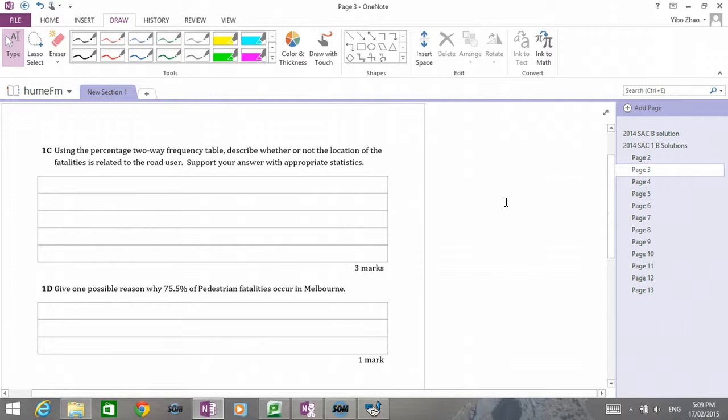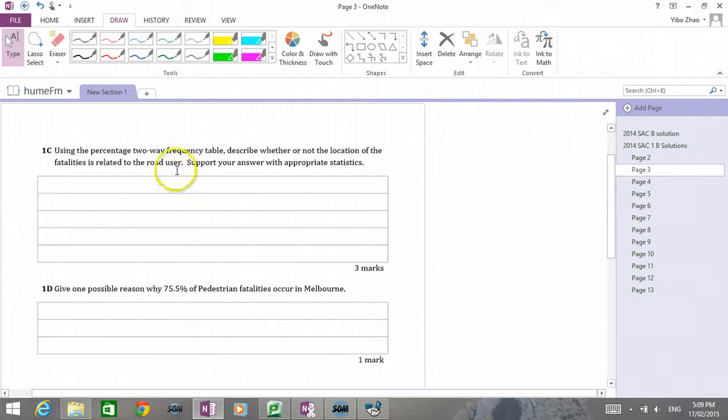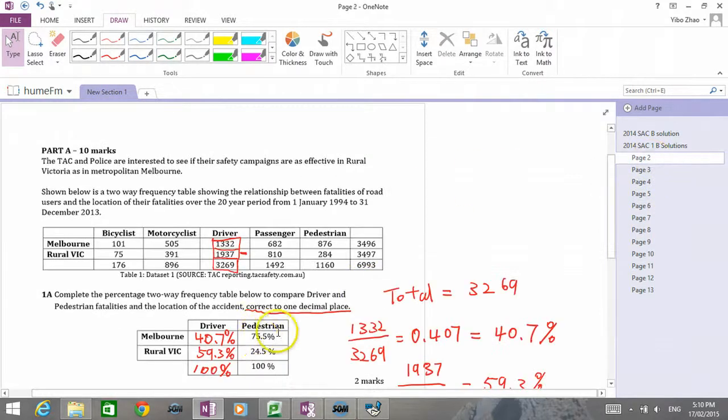Now, this question is basically asking you to describe the information in this table, the two-way frequency table, in words. They ask it in a fancy way, but that's what they're basically asking for. The examiner wants to know whether you can describe this table using words.